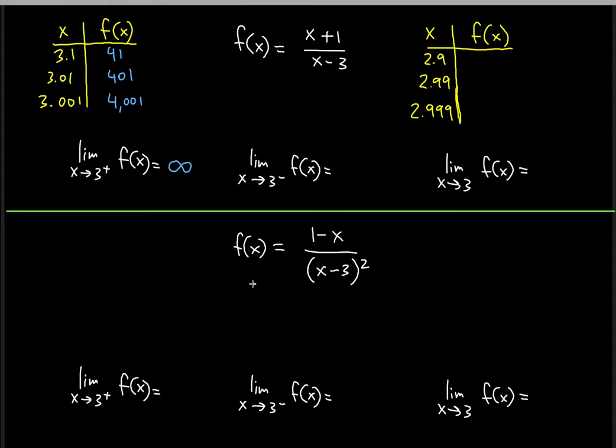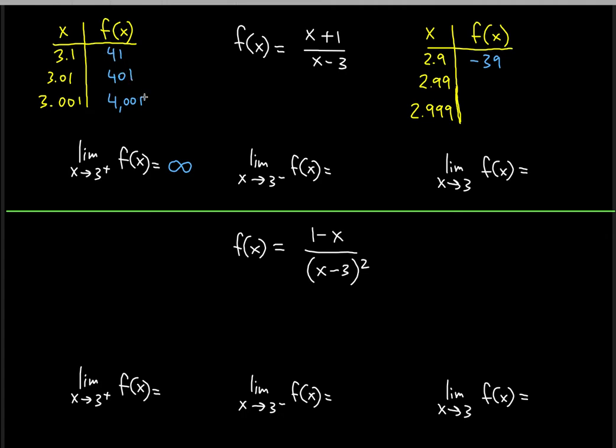Now I'm going to use my calculator and I'm going to plug in 2.9 first. So 2.9 plus 1 divided by 2.9 minus 3, and I'm getting negative 39. So as you can see, the picture looks different already because it's negative versus a positive before.